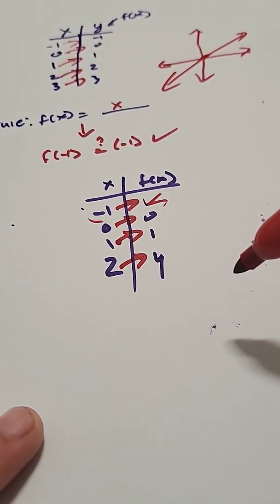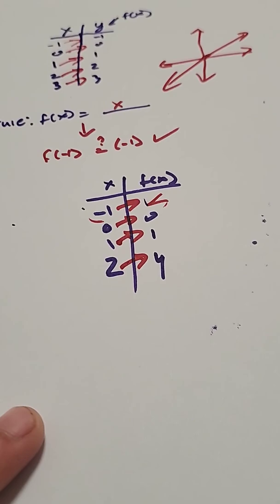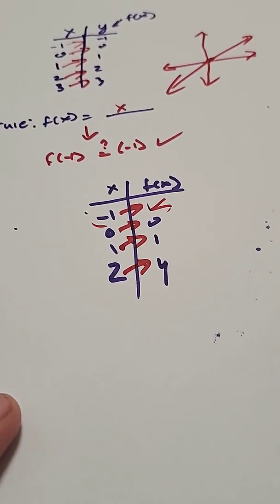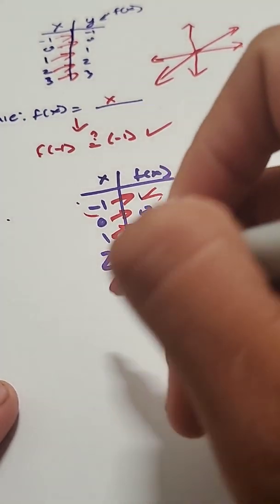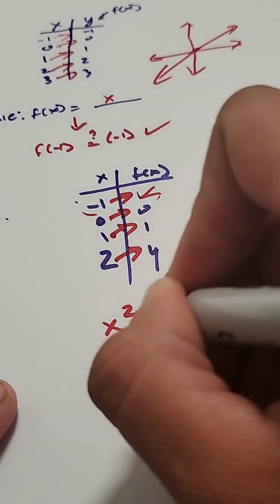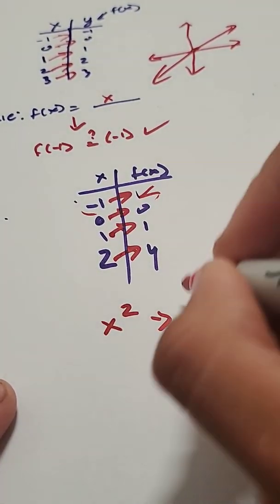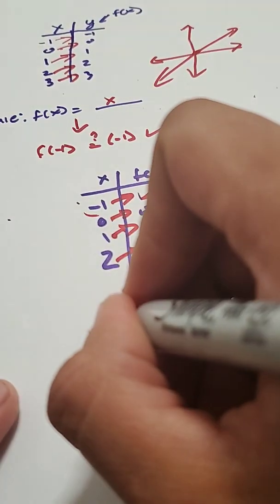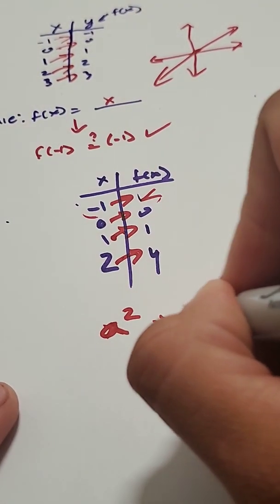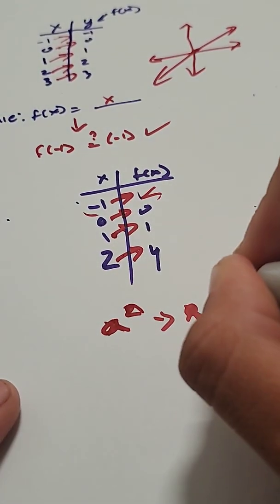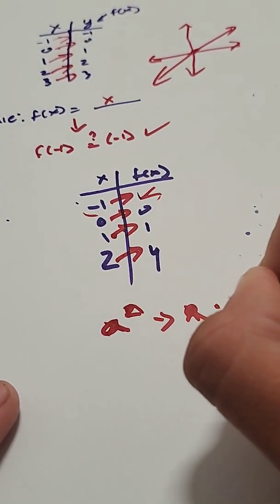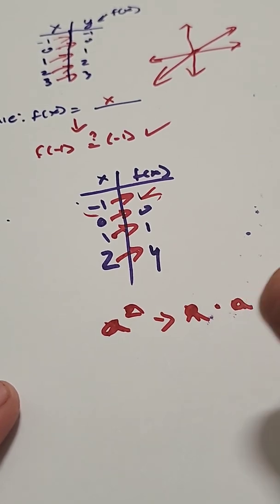The only way 2 times something is 4 is 2 times itself. Well, if you remember the definition of exponents, any number a to any power n is a times itself that many times.